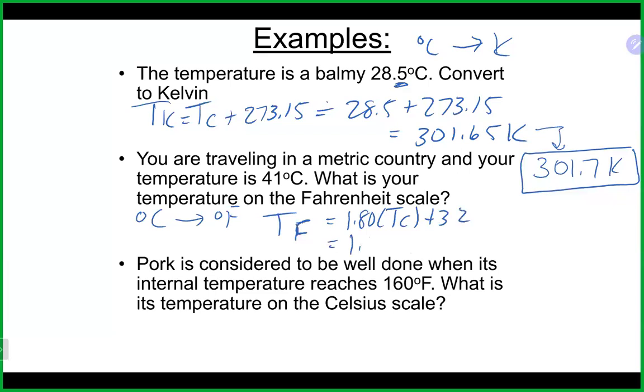And putting in our numbers there, 1.8 times 41 plus 32. Again, we put this in our calculator, 1.8 times 41 plus 32, and that's going to give us 105.8 on our calculator, degrees Fahrenheit. I keep wanting to say Celsius. Degrees Fahrenheit, yeah.